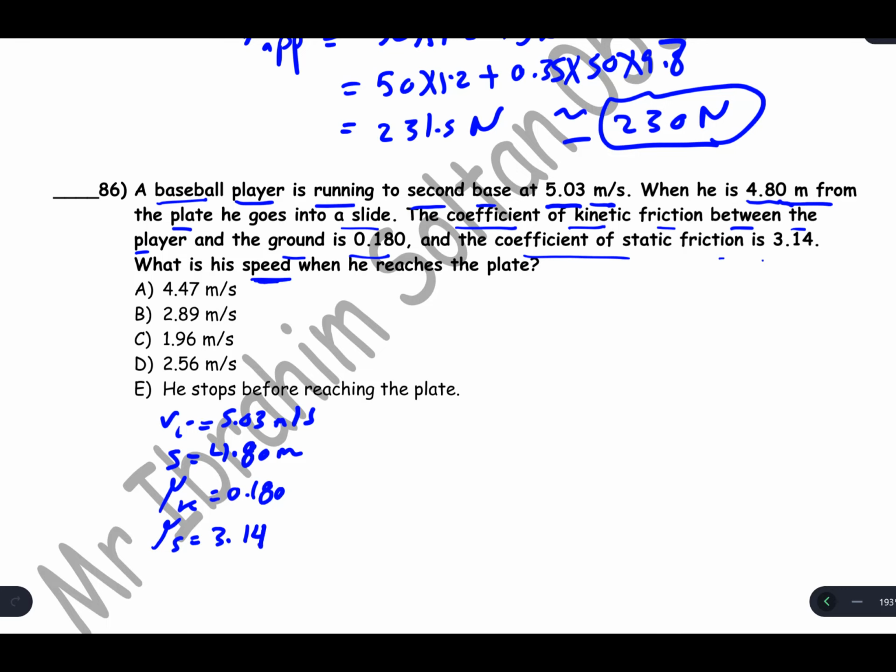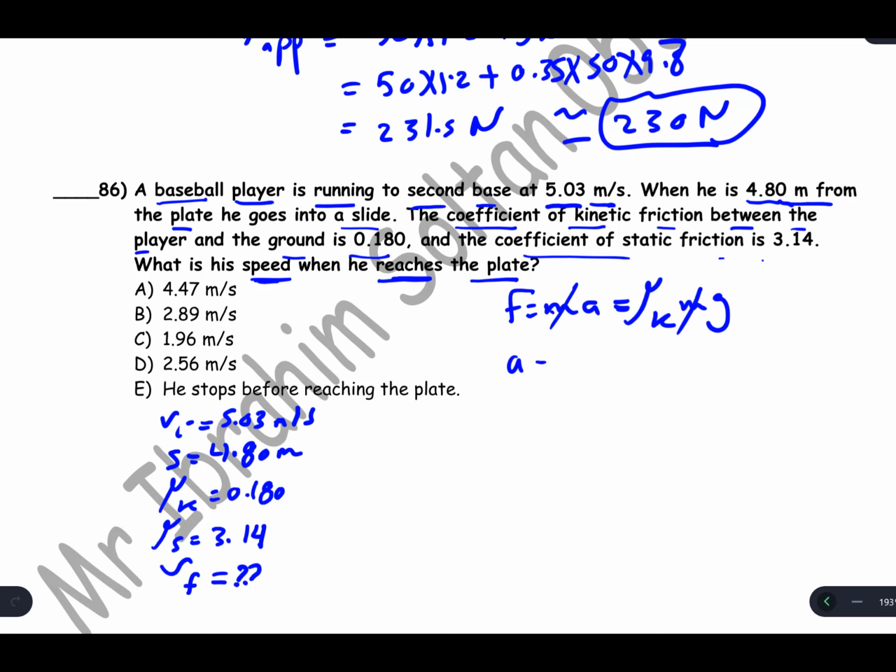What is his speed when he reaches the plate? So he needs to calculate V final. You need to calculate the acceleration, right? You know that F equals MA and it equals mu K mg because the player is moving.